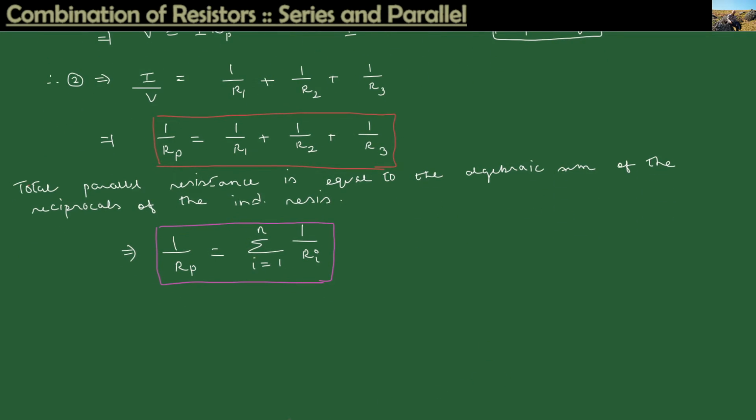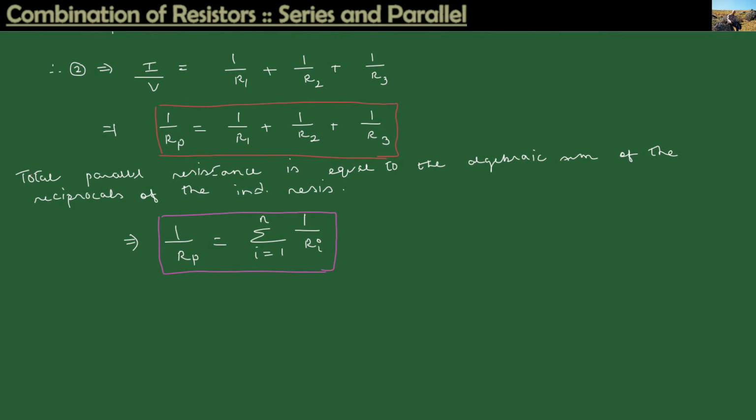Now some of the key points or the summary that we have to know from here is what type of combination will give us more resistance, either when resistors are connected in series or when they are connected in parallel.